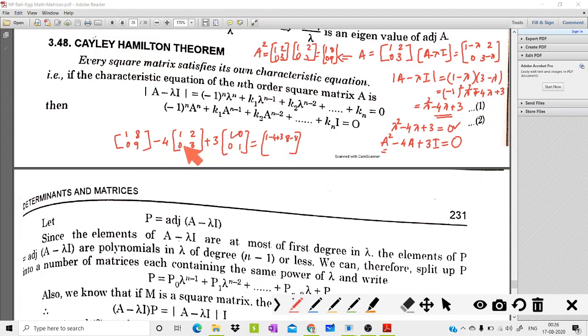Then the third term is 0, 0, 0: that is 0 here, 4 into 0 is 0, 3 into 0 is 0. The last term will be 9 minus 12 plus 3. So you will get 0, 0, 0, the 0 matrix. This is what we stated for the Cayley-Hamilton theorem: every square matrix satisfies its own characteristic equation.